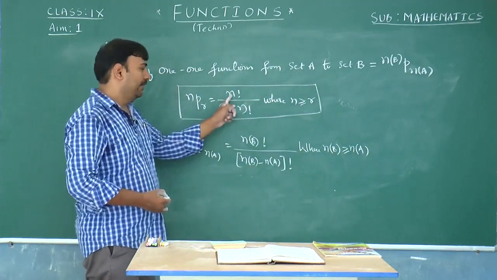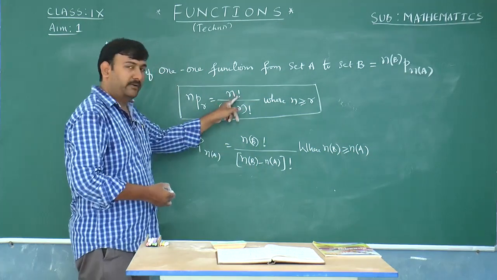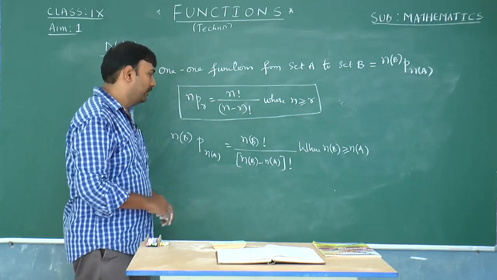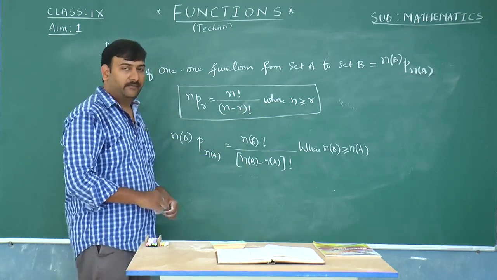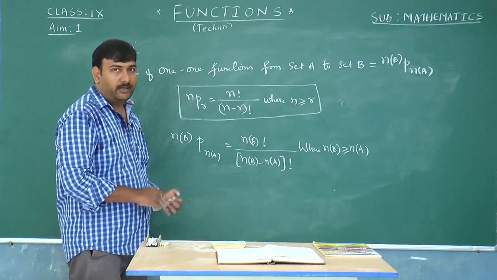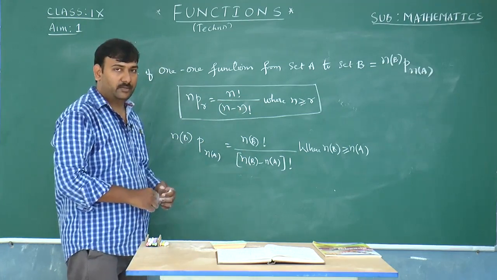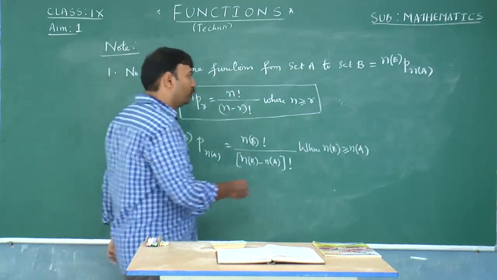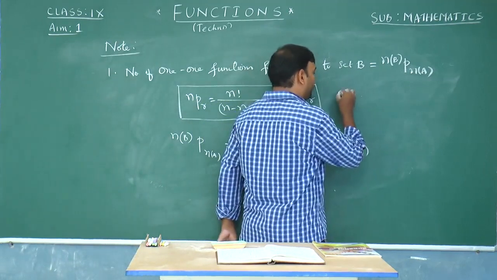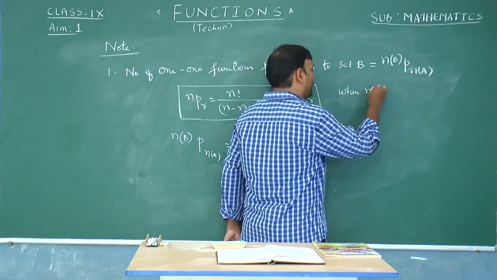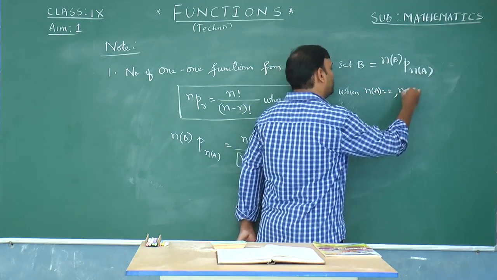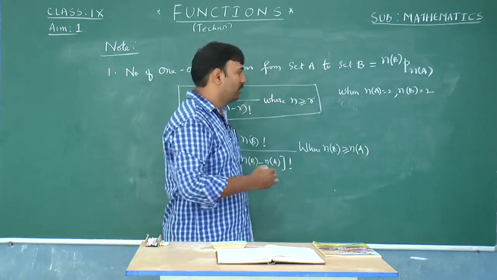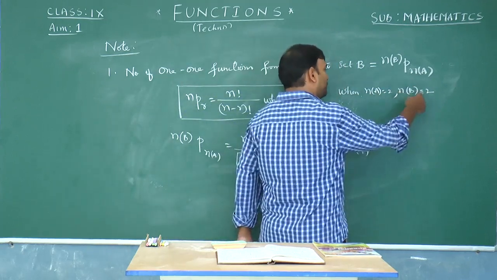The factorial notation, n factorial, means the product of all the natural numbers up to n. In the previous example, A contained 2 elements and B contained 2 elements, so the number of one-to-one functions given by the formula was 2P2.